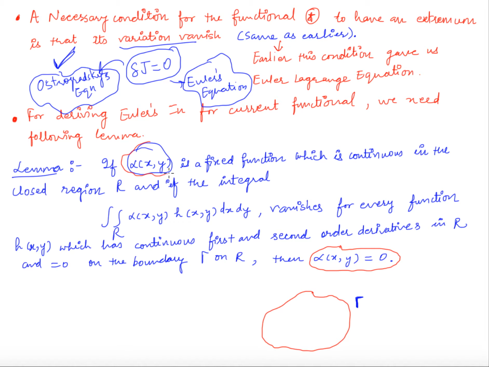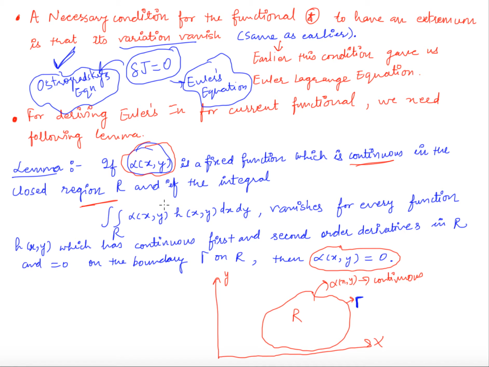This is a fixed function of two variables, and it is continuous in the region R. You have this xy plane, and this is your region R, a closed region R. Closed means that every point is an interior point, and this is the boundary gamma of R. You have a function alpha xy defined on this R which is continuous.